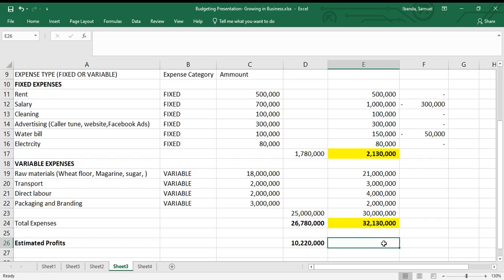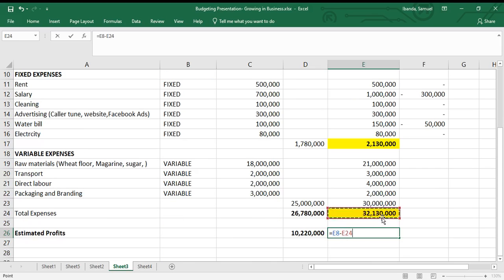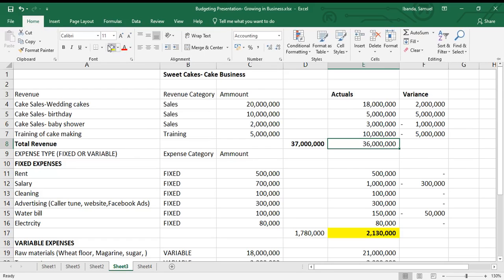I want now to determine what my profit is, okay? So my profit will definitely be what I earned as my total revenue. I've not yet added it, but I'll come and add it, minus my total expenses, okay? Here my total revenue, maybe just to add up this, is actually 36 million, okay?